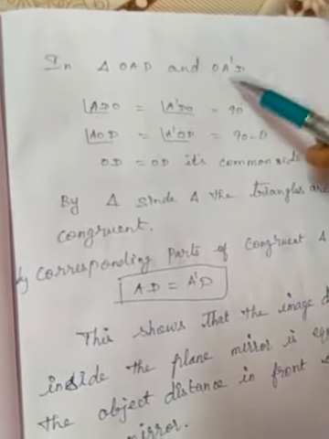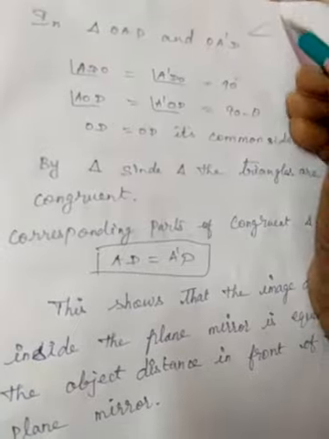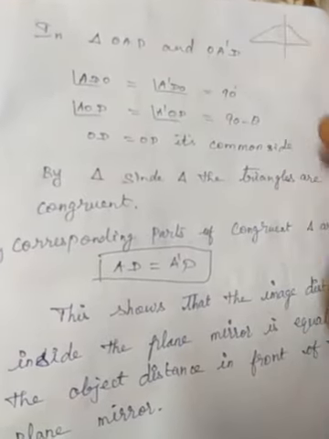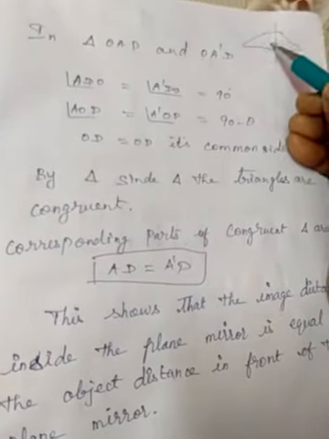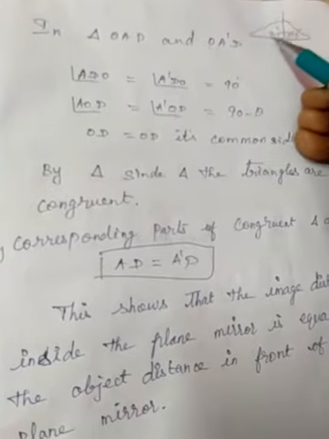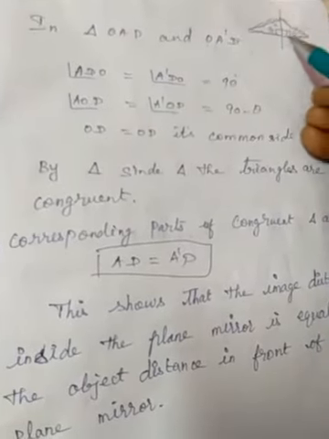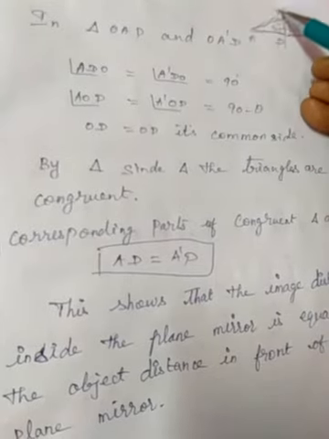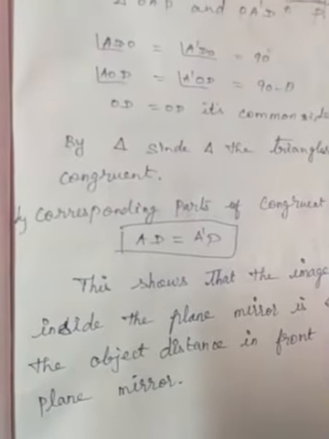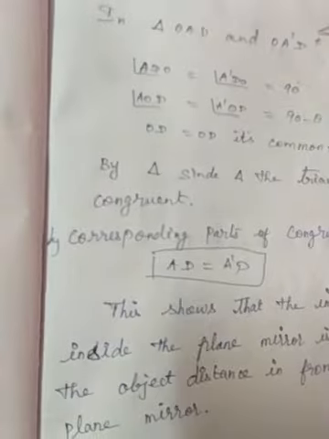Next, we take the angles OAD and OA dash D. This angle, I said, is equal. This angle and 90 degrees: so this angle is DAO, so DA dash O, OAD equals DA dash O. It is a 90 degree angle, right?